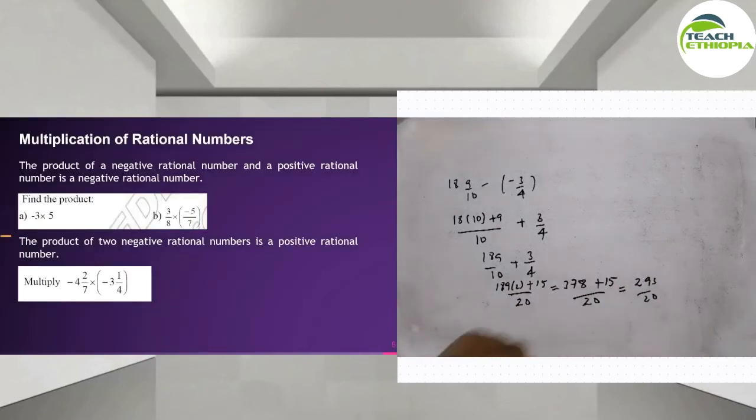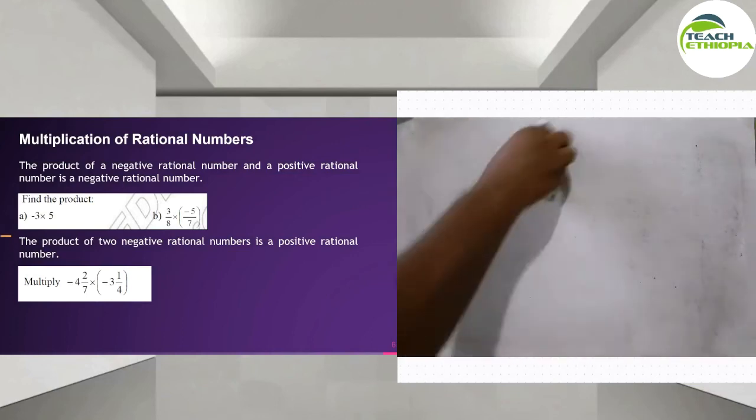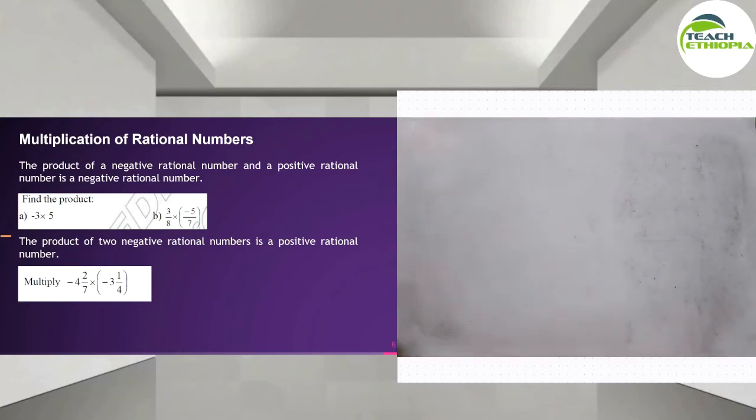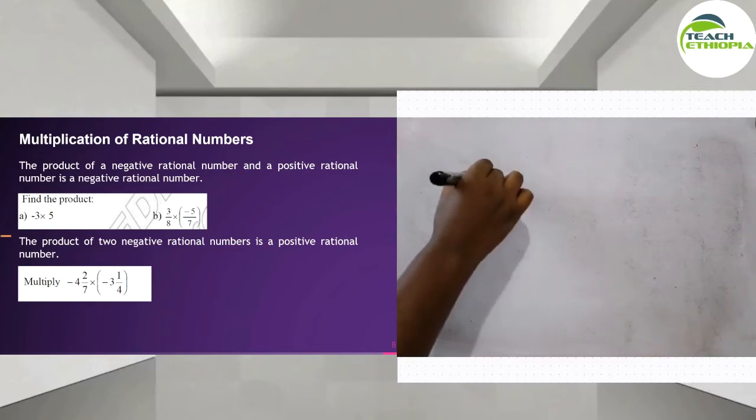So multiplication of rational numbers: when we see multiplication, just product. 3 times of 5 is going to be minus 15.